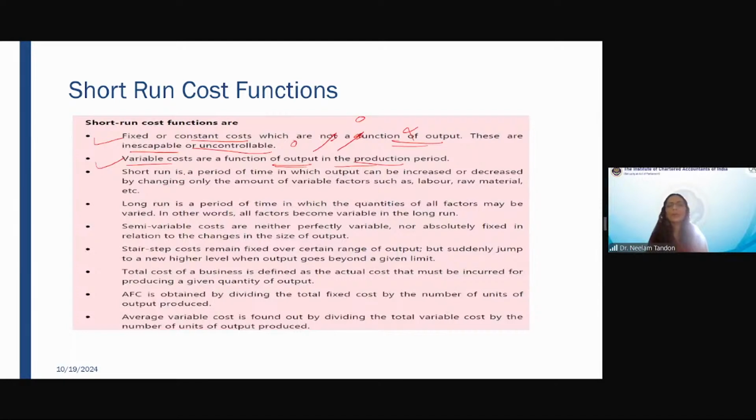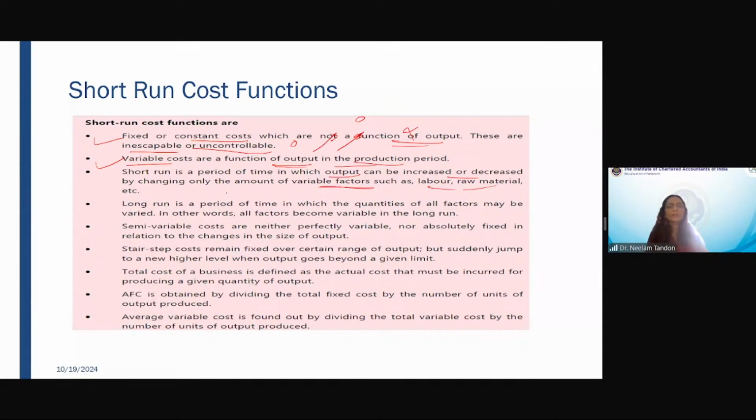In short term, output may increase or output may decrease because of the change in the variable factor, maybe labor, maybe raw material, etc. But definitely not capital, not technology, not land. Okay, so those factors remain fixed.